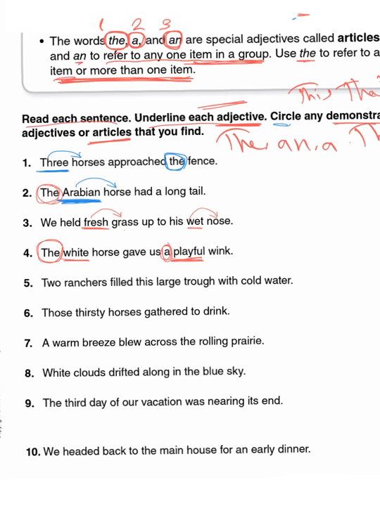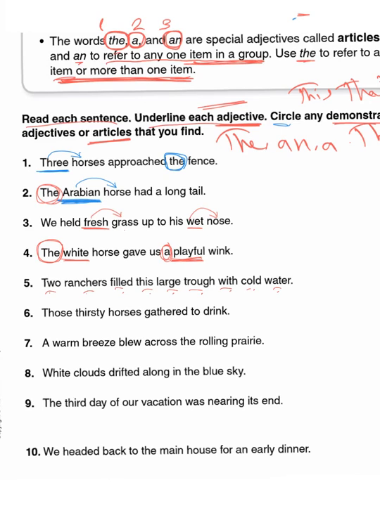Number 5. 2 ranchers filled this large trough with cold water. Ranchers, you know, the men who work in the ranch. And a large trough means the container they put water in for horses.